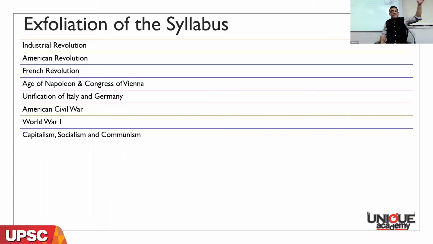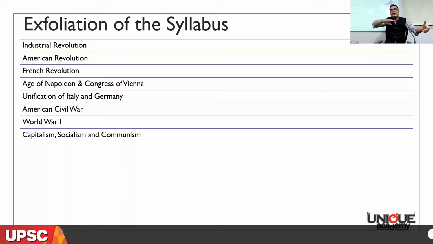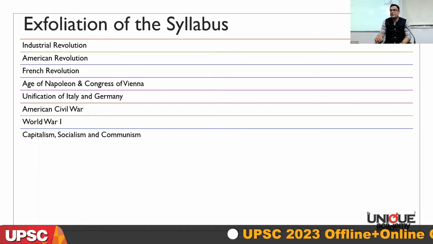When Europe was trading with the colonies, you needed some people who would invest their money into buying goods from a distant land and selling them in Europe or vice versa, whichever way. So buying cheap and selling dear. It is your money, you invest it in something, buy it, and sell that good somewhere else and earn what in the process? Which our friend said, you earn profit in the process.